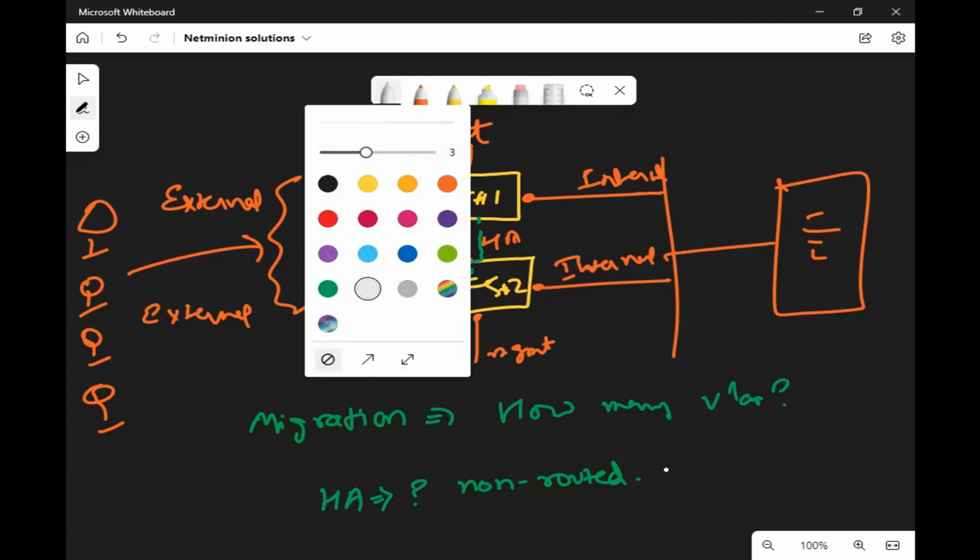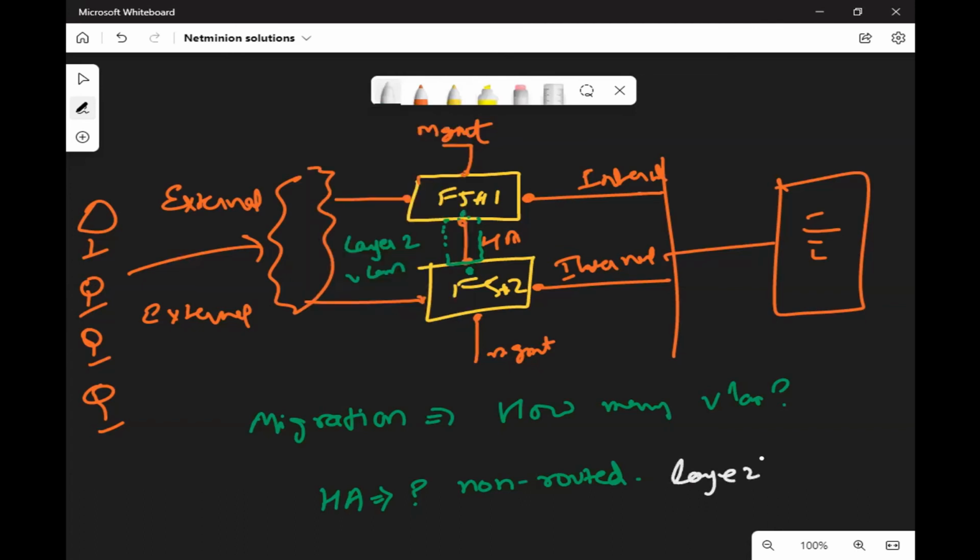External VLAN should be a routed VLAN. Depending upon how many applications you are onboarding, you can have /28, /27, /24, /16, whatever. Any doubt? No problem.